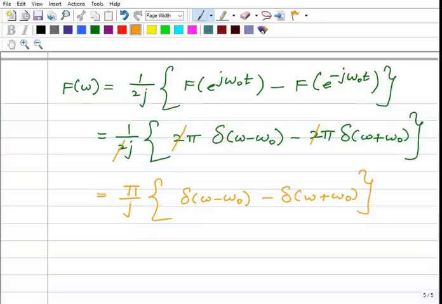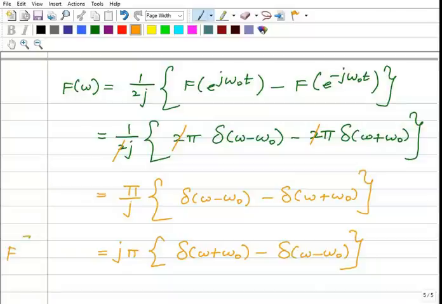So there will be a minus, right? That minus you just multiply inside. So first term will be delta omega plus omega naught minus delta omega minus omega naught. This is Fourier transform of sine omega naught t.